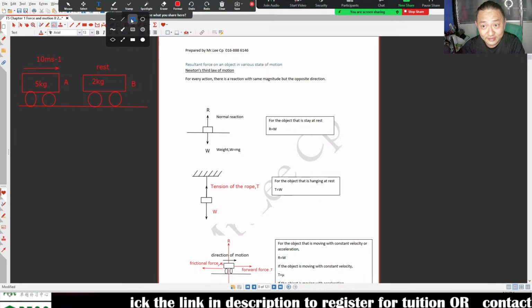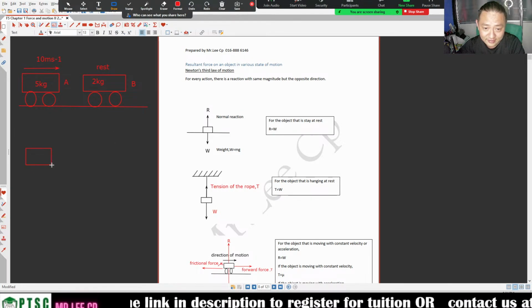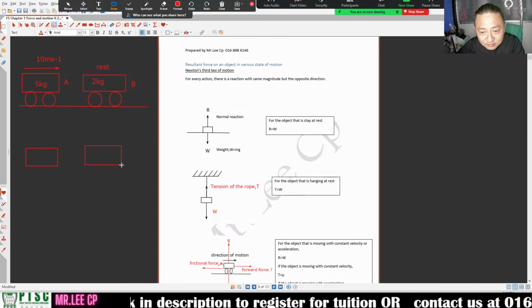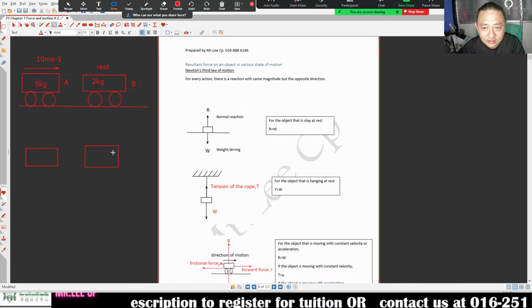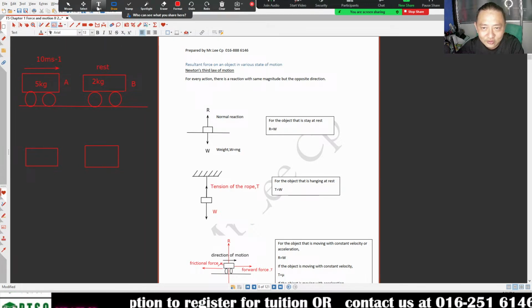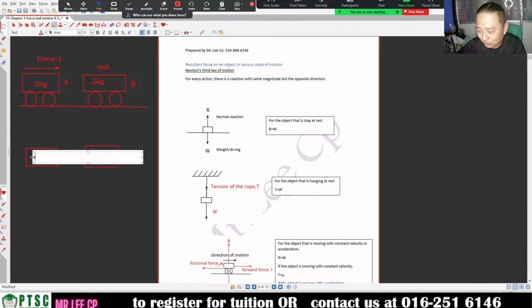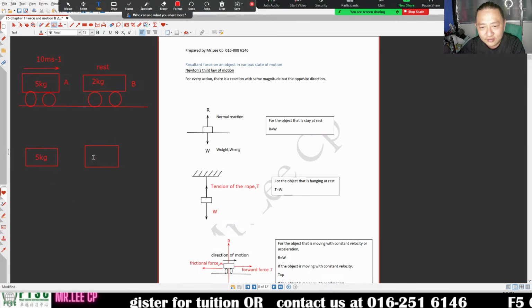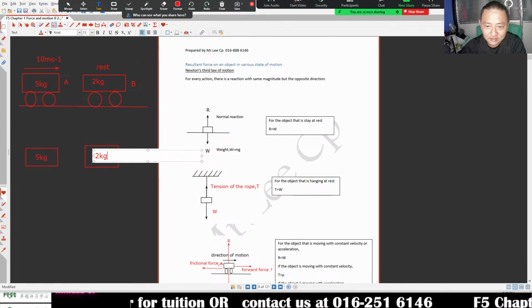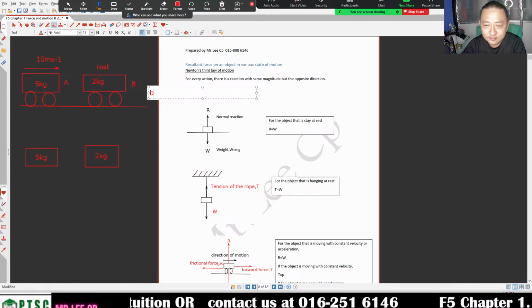After they collide, they don't stick together. This is the 5 kg trolley before collision and after collision. The size I don't care, I don't draw well. And this is 2 kg, before collision.